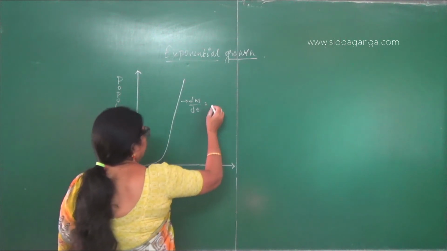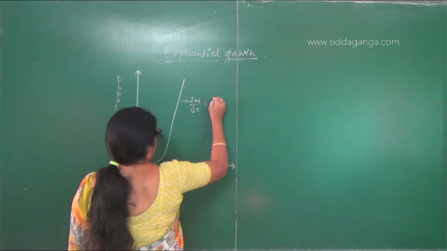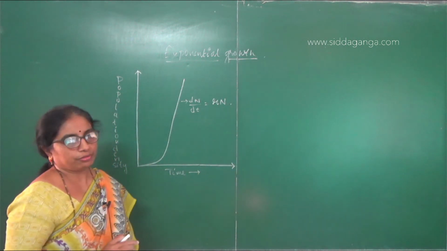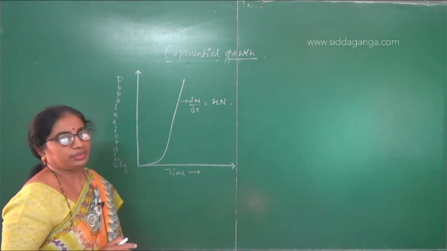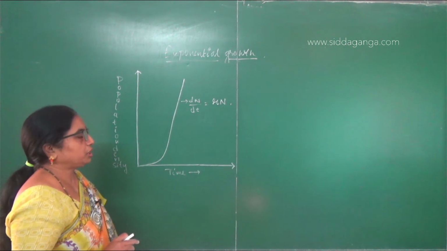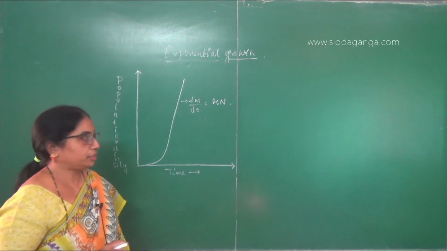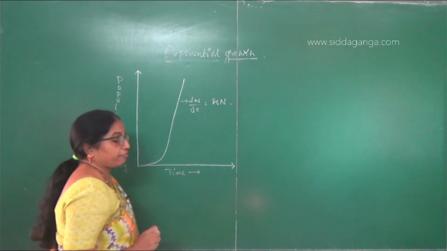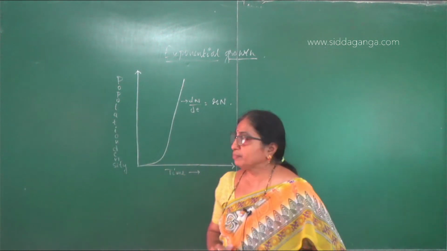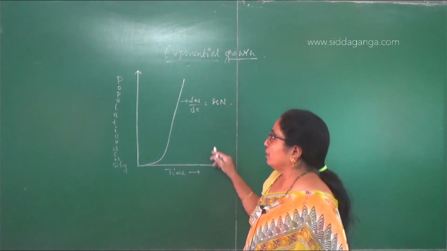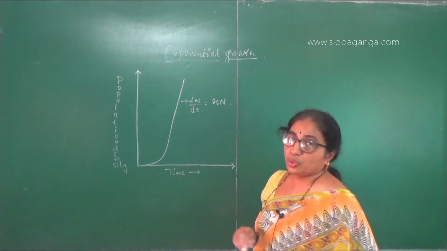which represents dN/dt = rN. r is the intrinsic rate of natural increase. So dN/dt = rN. This is a graphical representation of the population density versus time for the exponential growth model.